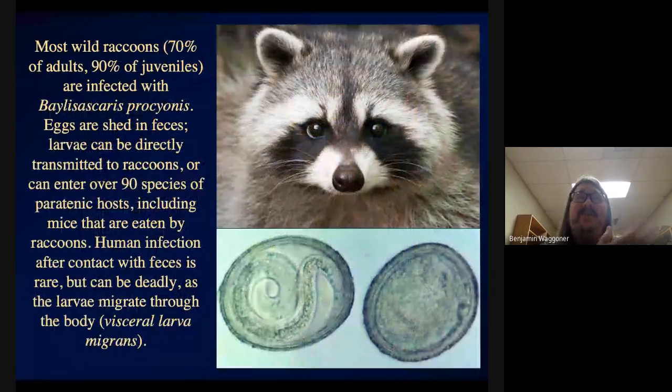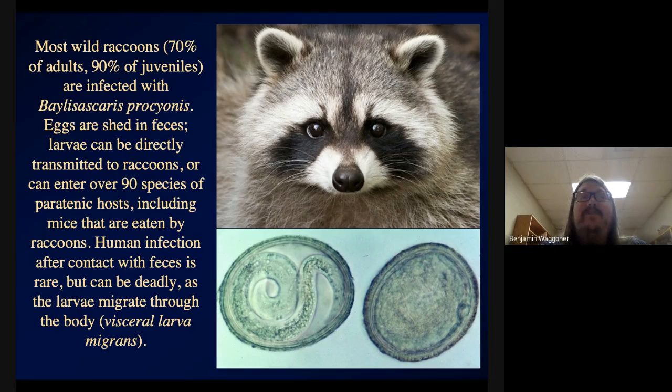Baylisascaris I actually talked about earlier on. Most wild raccoons are infected with Baylisascaris procyonis. There's eggs down below. There's an immature one at the right and one with the juvenile inside it at the left. The larvae can be transmitted directly, or they can enter over 90 species of paratenic hosts.